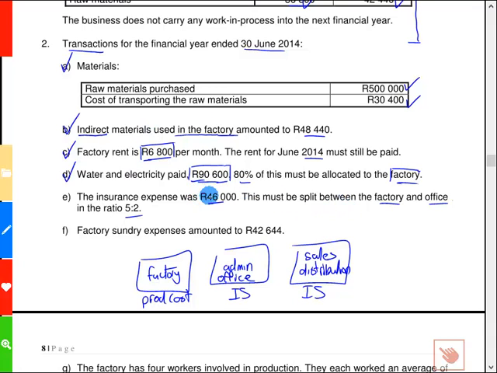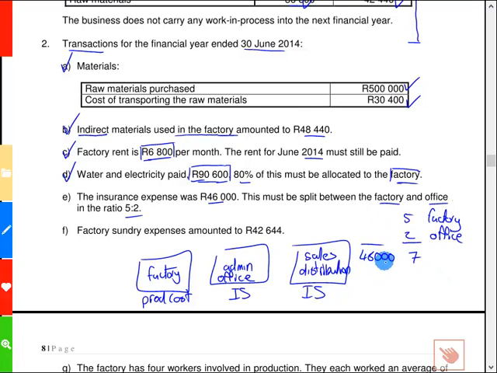this insurance expense, some of it relates to the factory and some of it relates to the office. So the total is 5 goes to the factory, 2 goes to the office, and the total parts is then 7. We know that the total cost is 46,000.